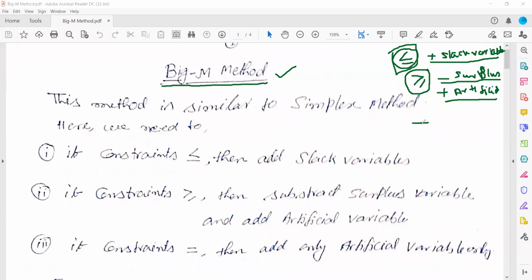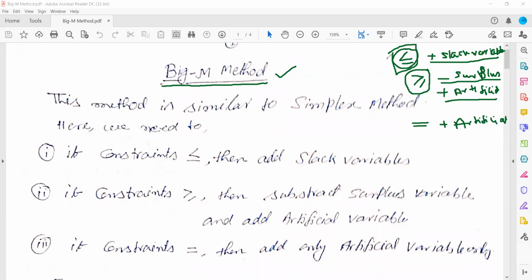And if an equal to sign is there in the constraint, then you need to add an artificial variable.